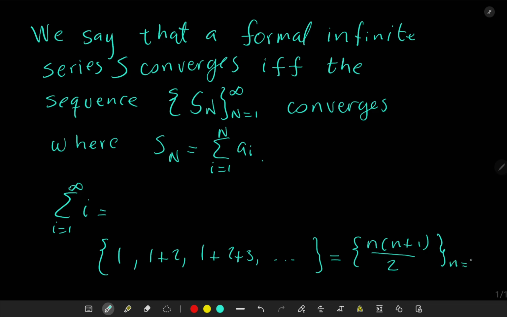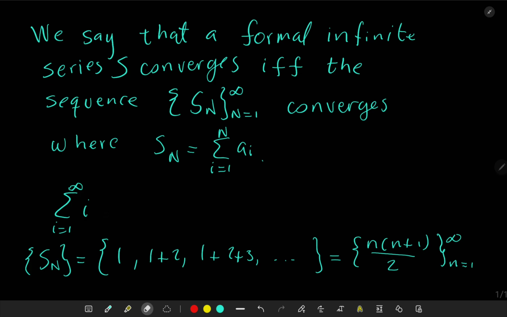So from n equals 1 to infinity, this is our sequence of partial sums. Now, you can take a limit of this sequence because we have a closed form. The limit as n goes to infinity of this goes to infinity.